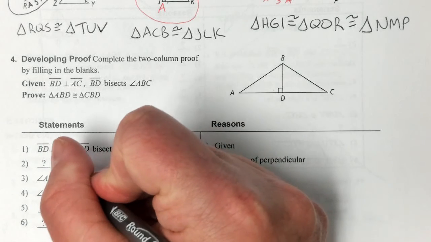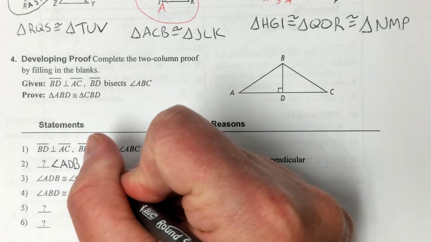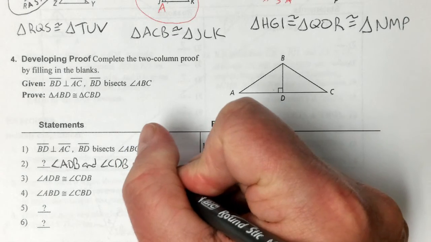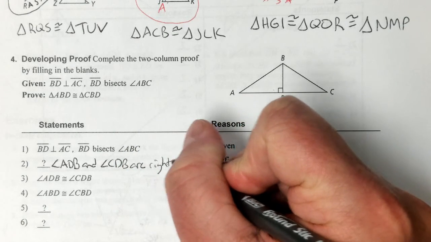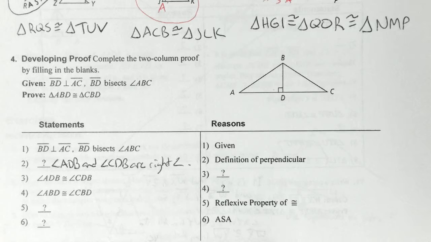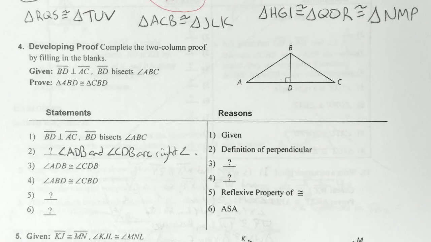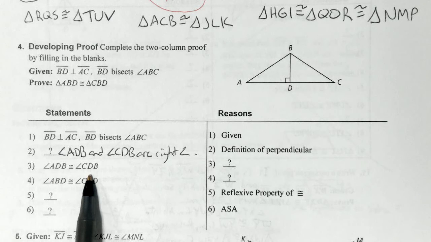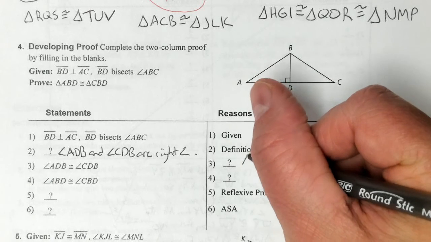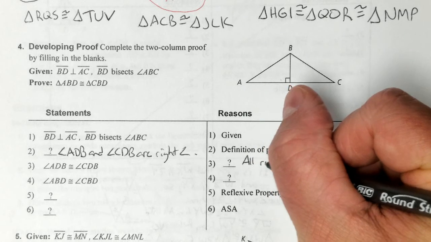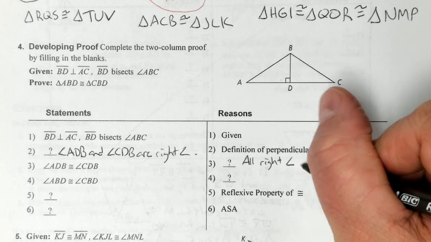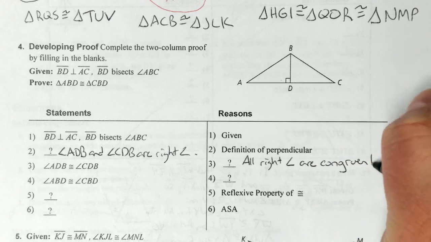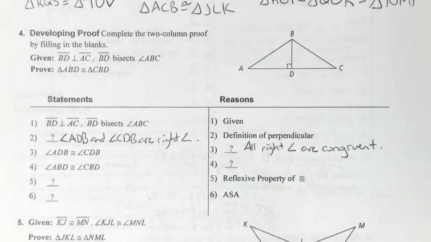So angle ADB and angle CDB are right angles from the definition of perpendicular. Then they have that they're congruent because all right angles are congruent.